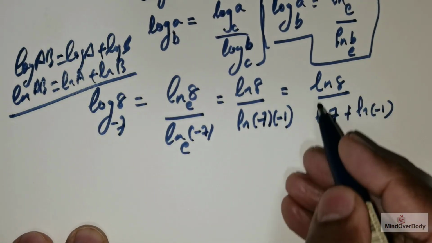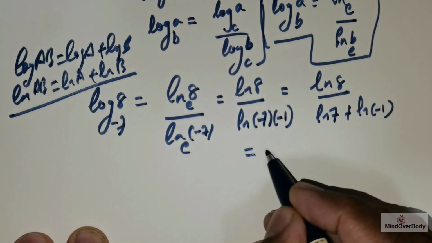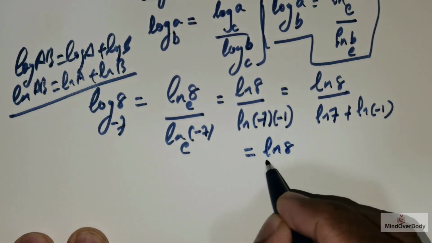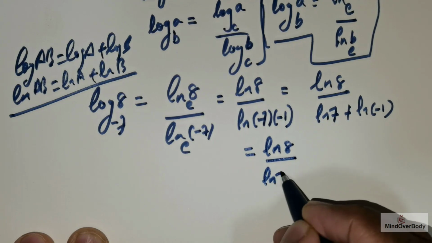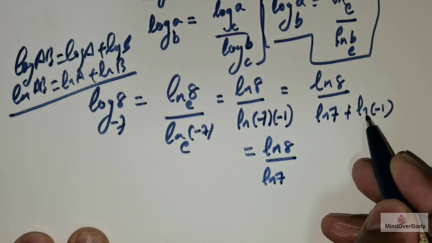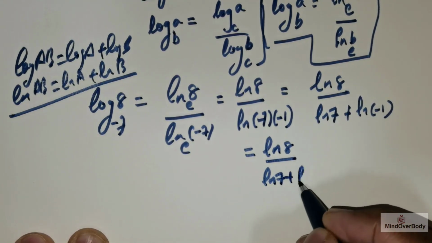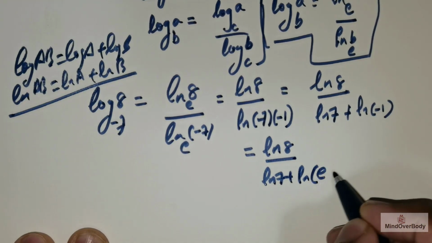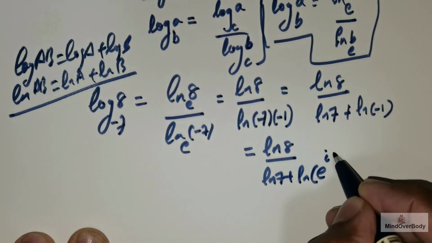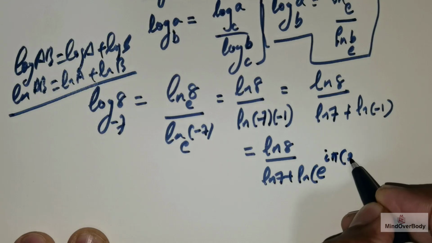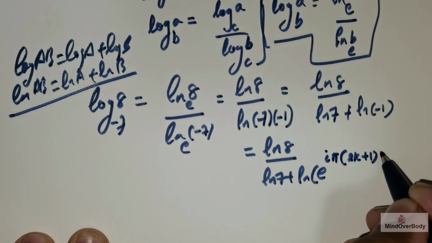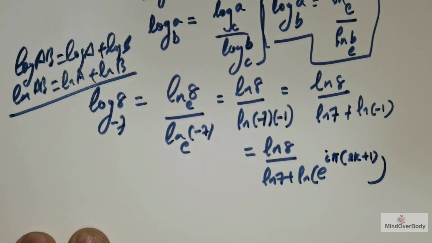In this question, I'm going to rewrite this as ln 8 divided by ln 7, and in place of -1, it's going to be ln of e^(iπ(2k+1)).